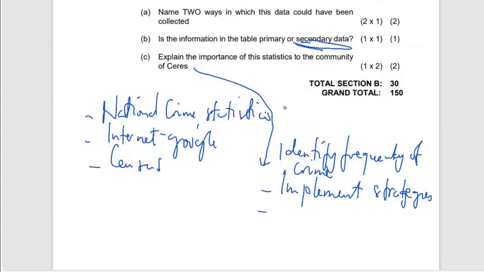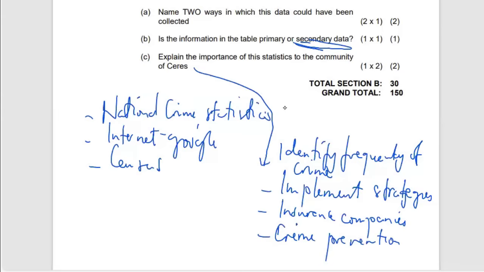Then it can assist insurance companies. They can also benefit from that in terms of validating the claims which are made against them by the insured people. And also it can assist in crime prevention.